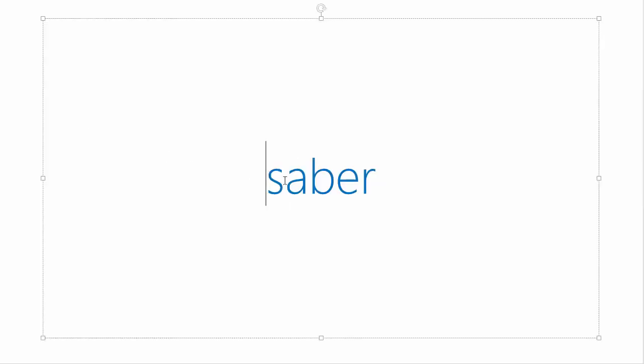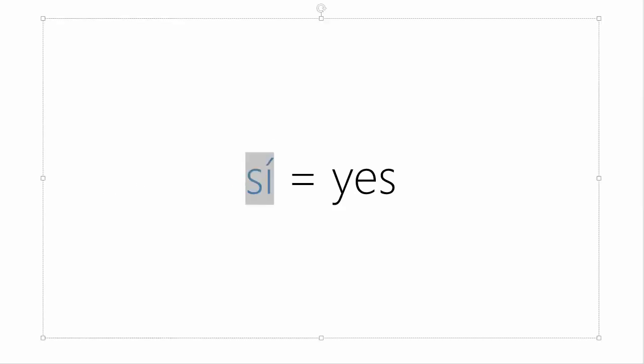The verb to know in Spanish is saber. We have sa and ber. Saber means to know. How would you say I need to know? Necesito saber. The word for if is simply si. Now, if you see this word sí written with an accent over the i, it means yes.